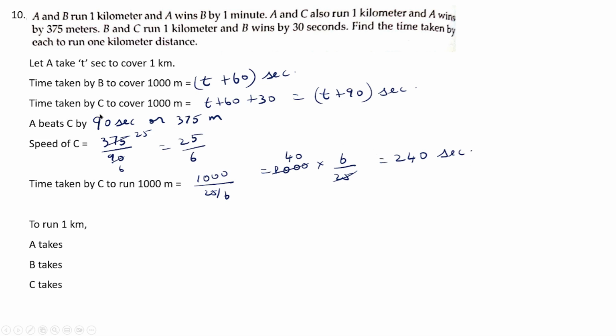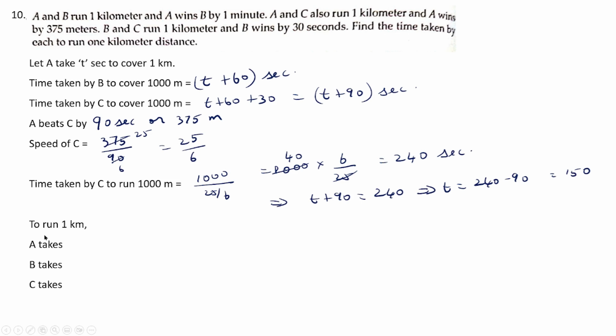Here we have time taken by C to cover 1000 meter as t plus 90 seconds. This implies t plus 90 equal to 240, or t equal to 240 minus 90, which is 150. So we got t as 150 seconds.